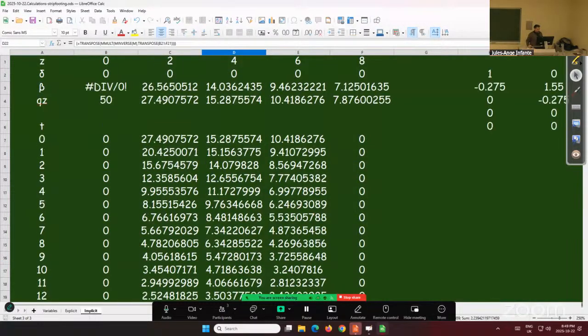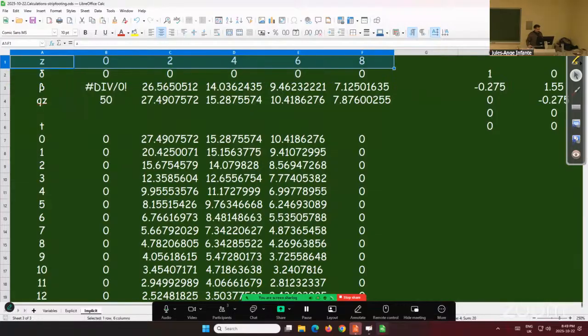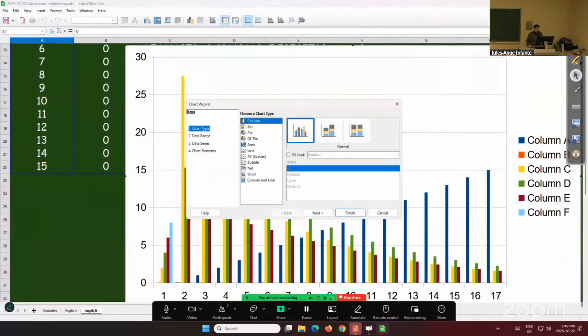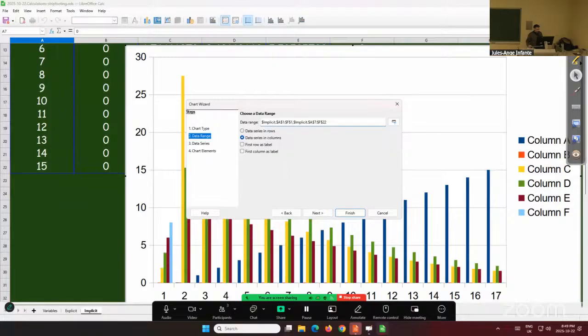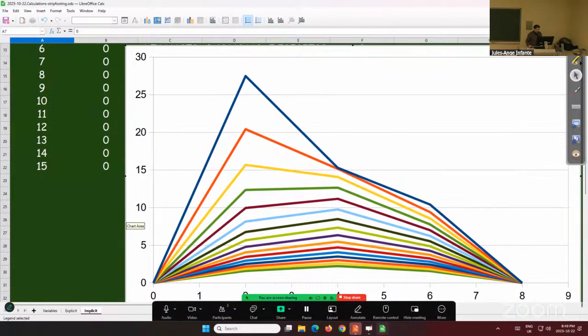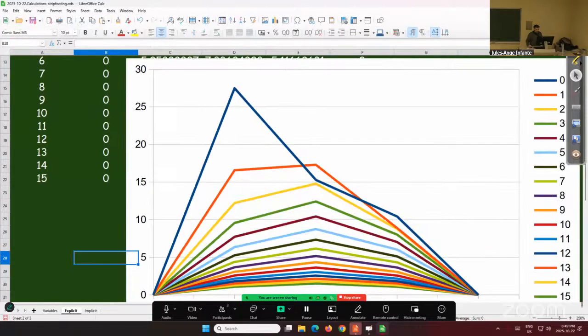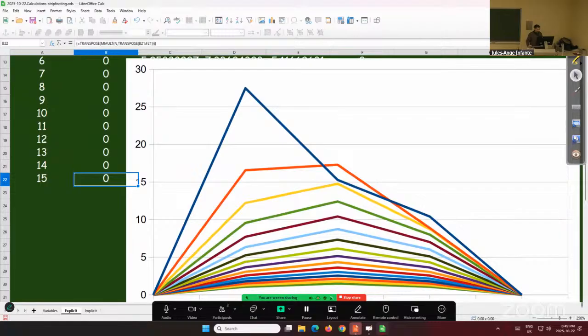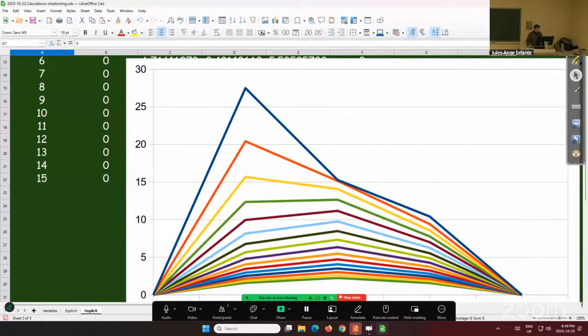Let's do the same thing with this one. We get very similar things. The shapes are similar, but obviously the data will be differently varied. In particular, notice how that red line there is very different in shape.